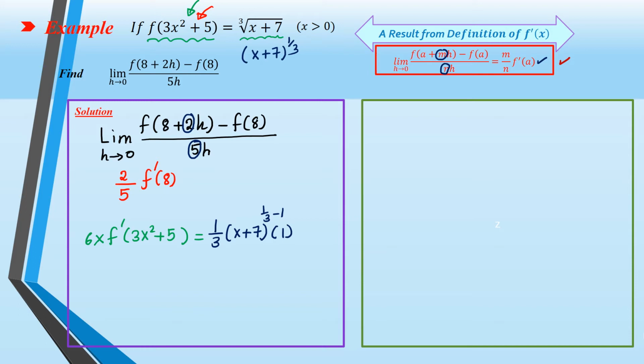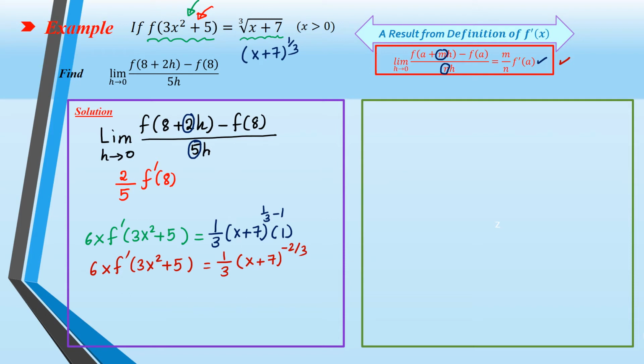So 6x f prime of 3x squared plus 5 equals 1 over 3 multiplied by x plus 7 to the negative 2/3.